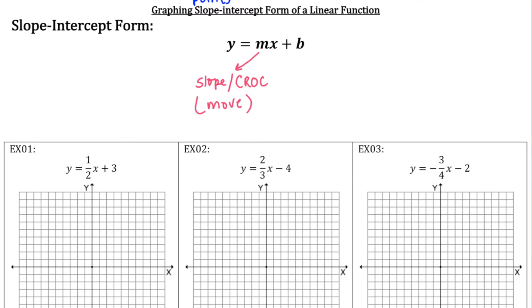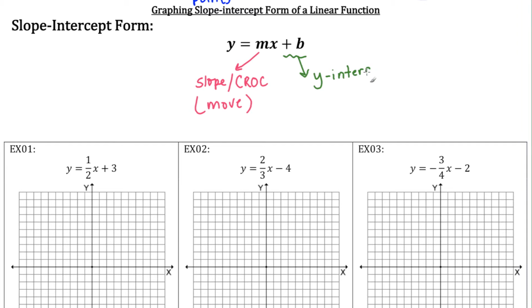And the plus b, let's use, I guess, green. The plus b will be something called the y-intercept. The y-intercept. I don't know why I can't get that to look right.